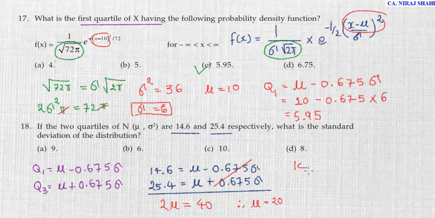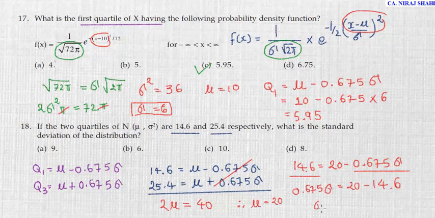Then 14.6 is equal to 20 minus 0.675 into sigma. Let me take this 0.675 sigma on the left side of the equation and this 14.6 on the right side of the equation. So we have 0.675 sigma is equal to 20 minus 14.6.